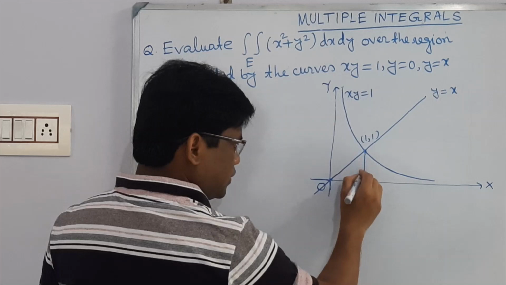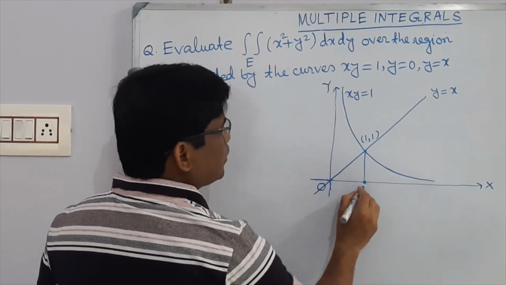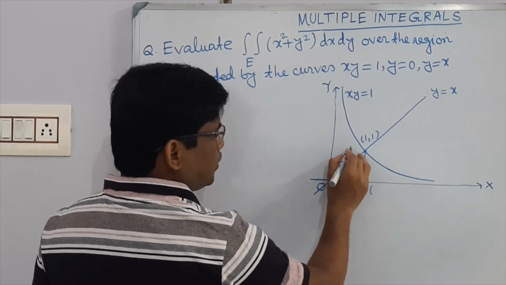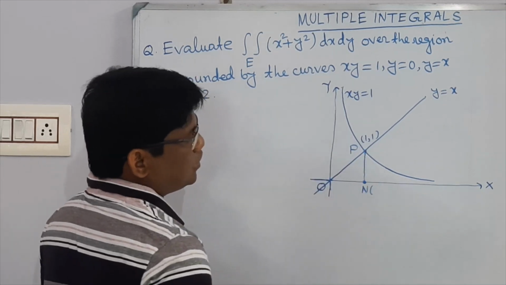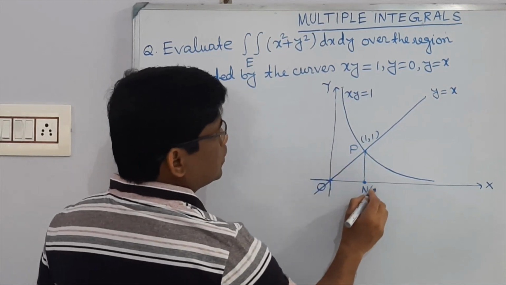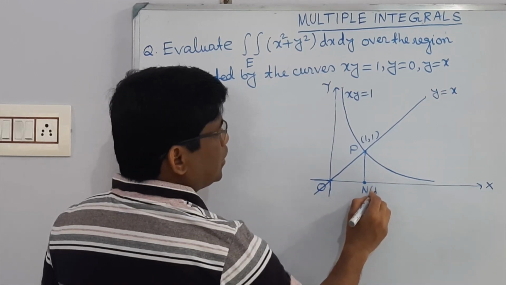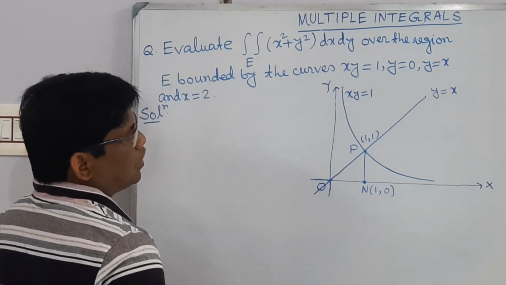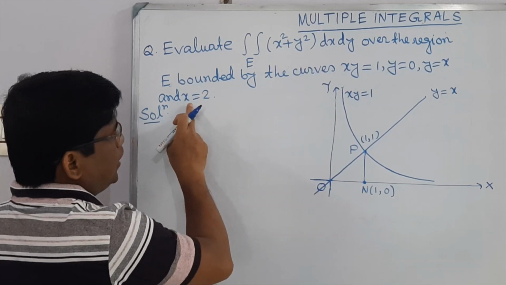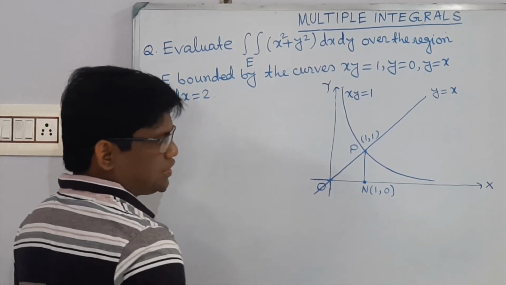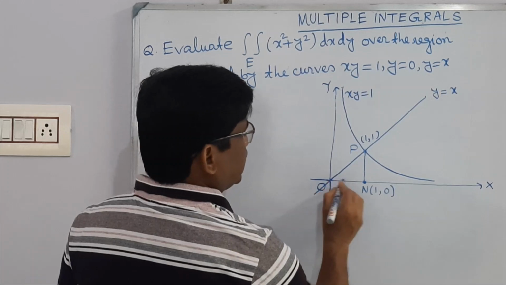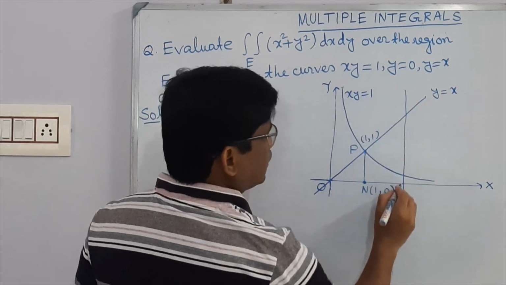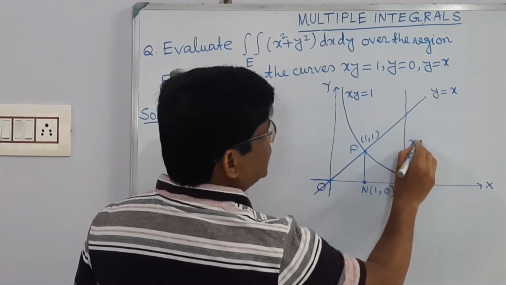That means the coordinates of the foot of the perpendicular from the point P (1, 1) are (1, 0). Now, draw the line x is equal to 2.